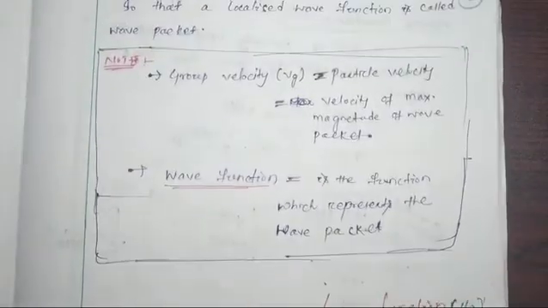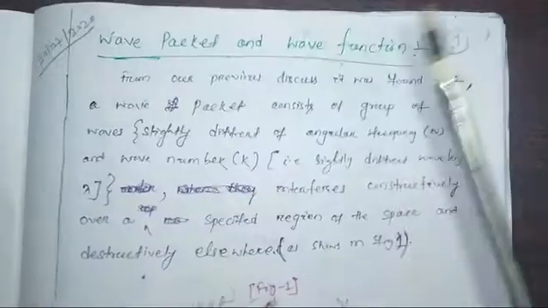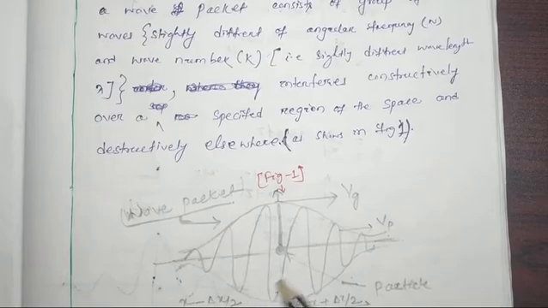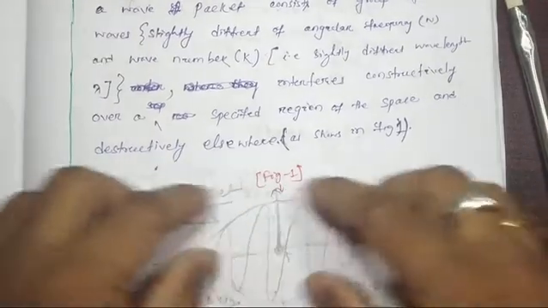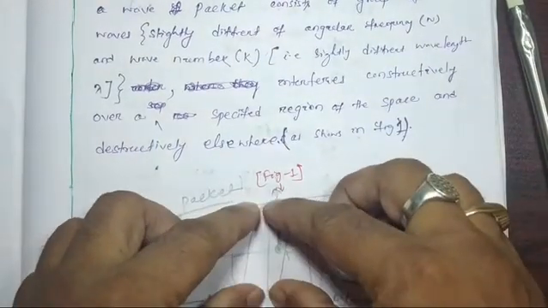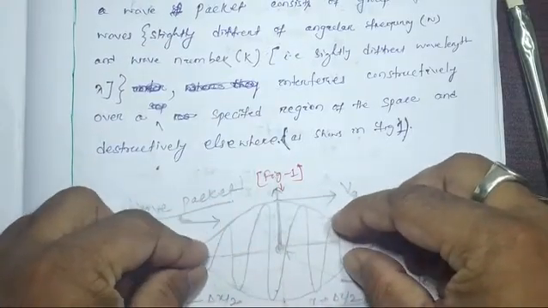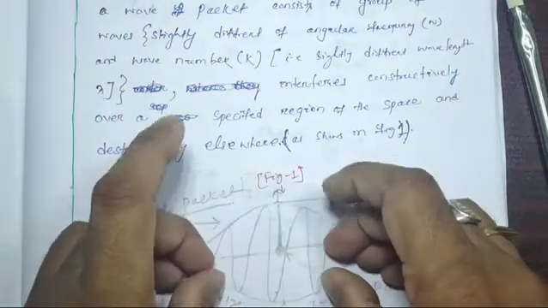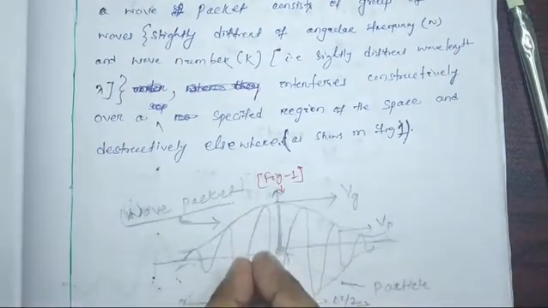So that localized wave function is called a wave packet. This wave function is superimposed from a number of waves which can be localized in this region due to constructive interference. So this will be called a wave packet, and this wave packet is also called the so-called particle.